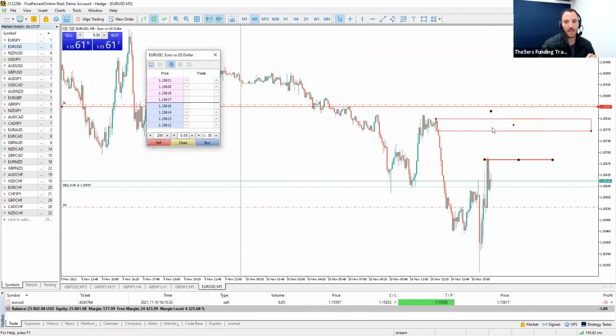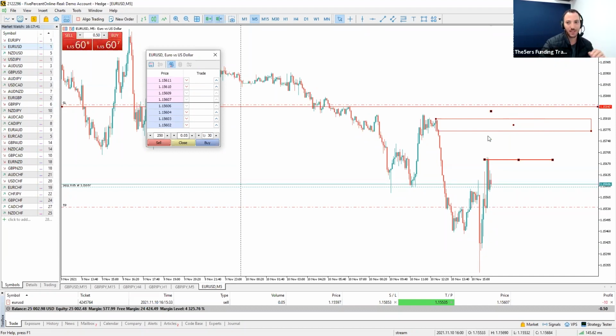So if I have 9 trades left, let's say I will use 3 here at the resistance level, and then I will take the 6 left up here.